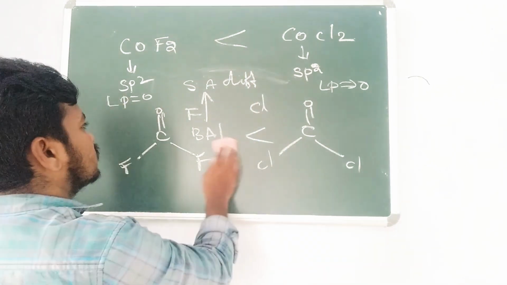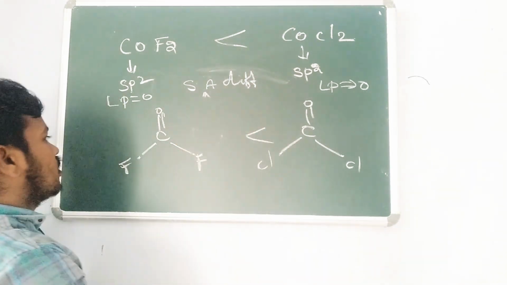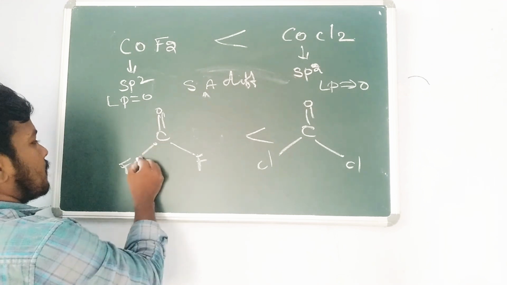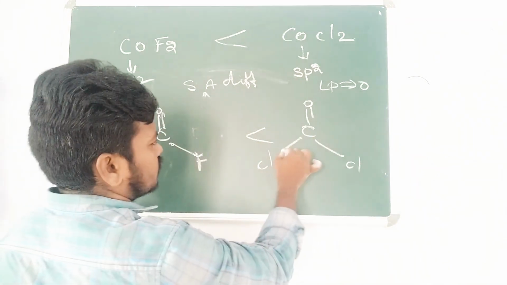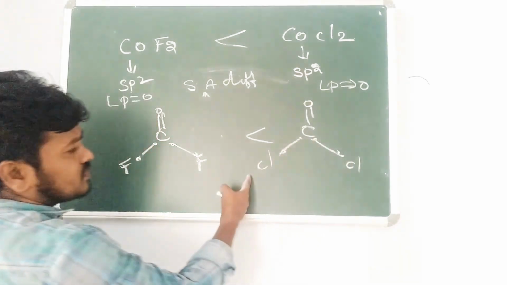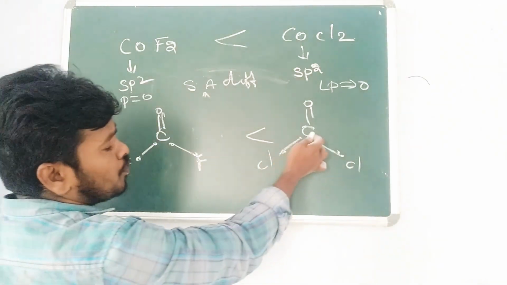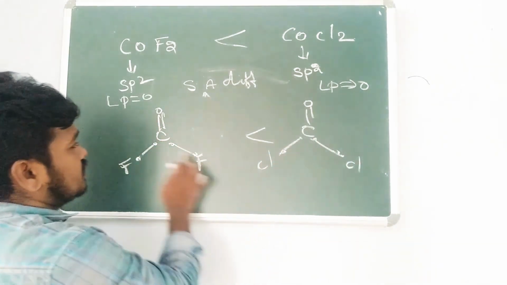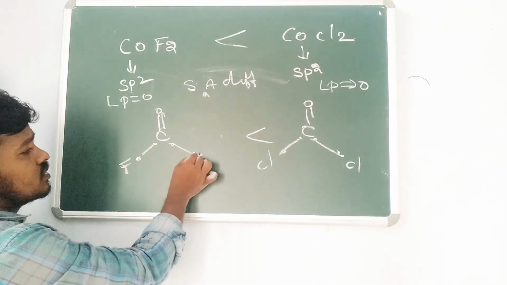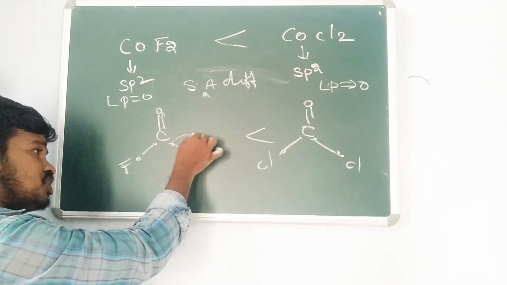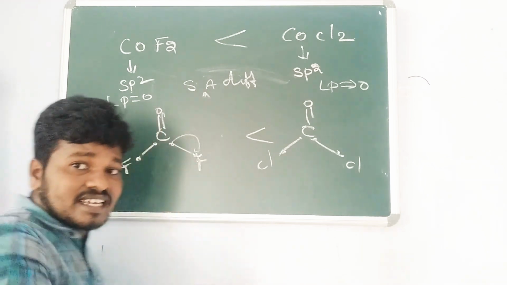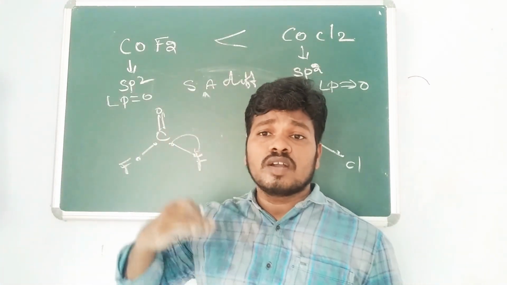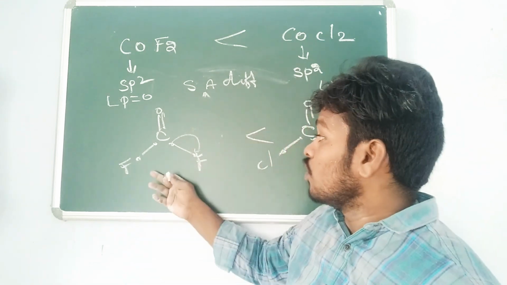How? See here. Same electron density. When compared to the electrons between the carbon and chlorines, the electrons between the carbon and fluorine are shifted towards the fluorines. The electron density will decrease on the central atom, since it shifts towards the fluorine.